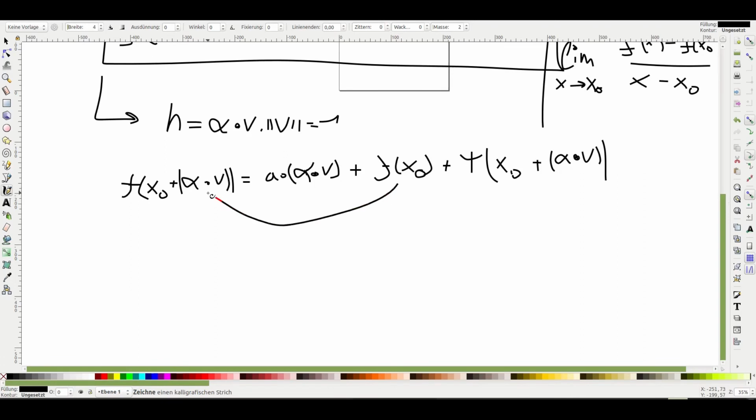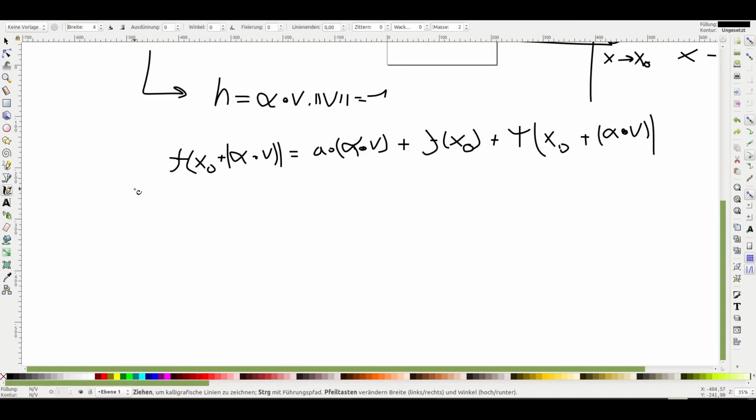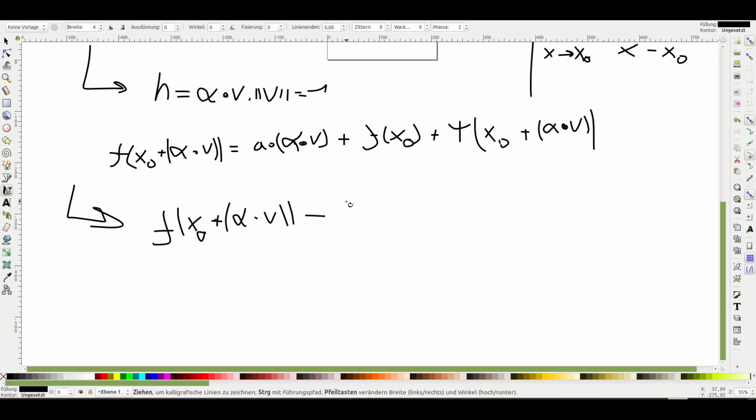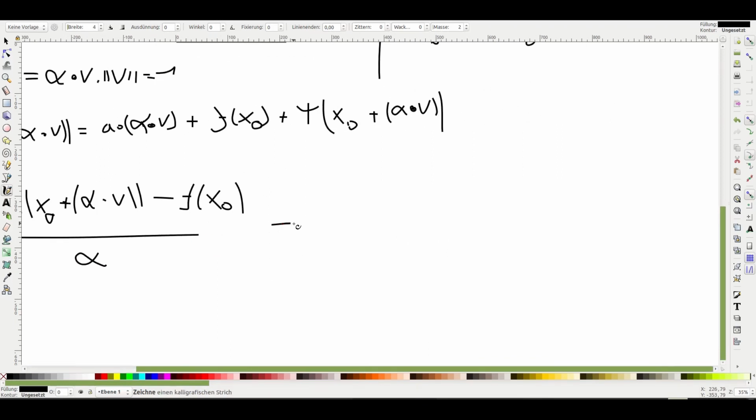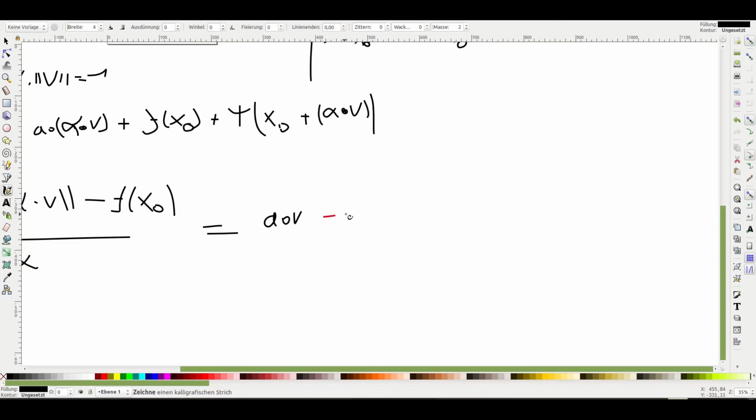So what we need to do is bring this to the left side of the equation and then divide by alpha, such that we get from here: f of x0 plus alpha times v, now it's a small v, minus f of x0, divided by alpha, and that's supposed to be equal to the scalar product between A and our directional vector v plus psi of x0 plus alpha times v.